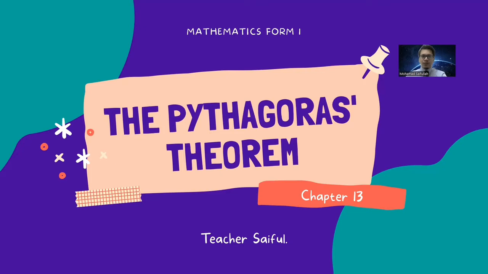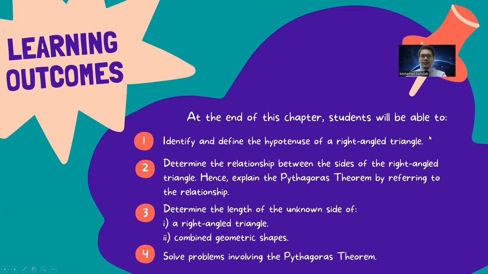So class, what we're gonna learn today is about our last chapter in our syllabus, which is chapter 13, the Pythagoras Theorem. So basically in this chapter, there are 4 learning outcomes that you will be able to get at the end of the lesson. The first is to identify and define the hypotenuse of a right angle triangle.